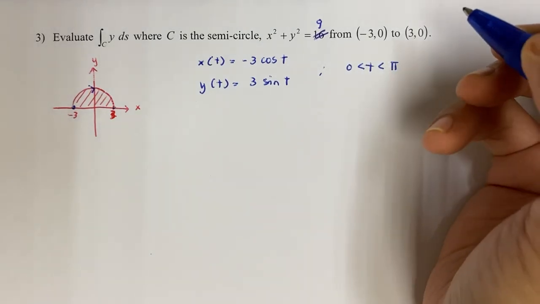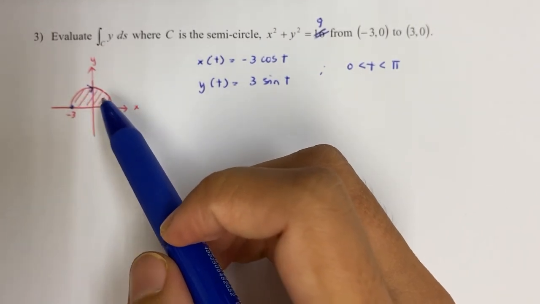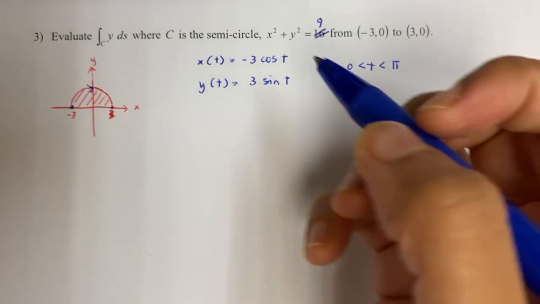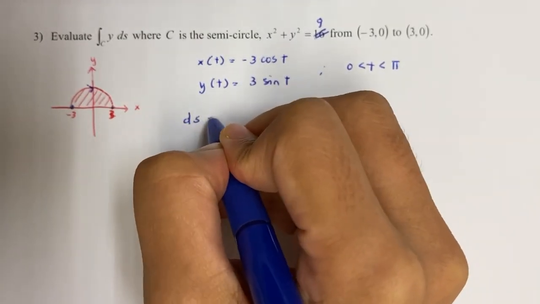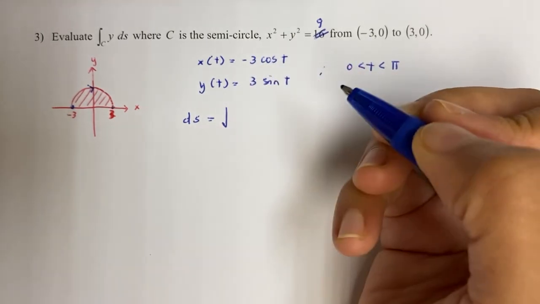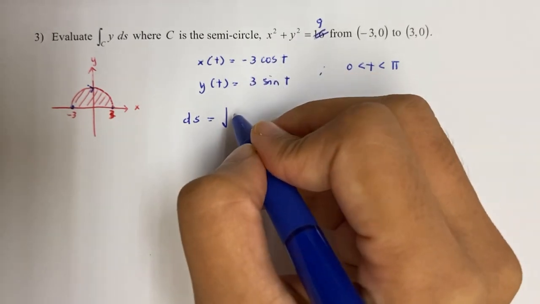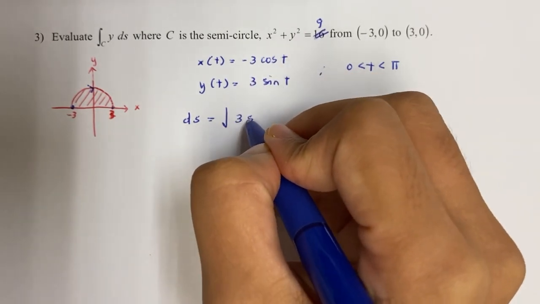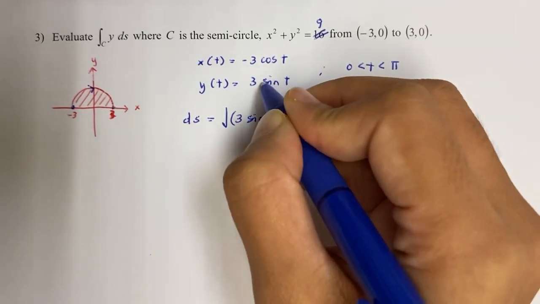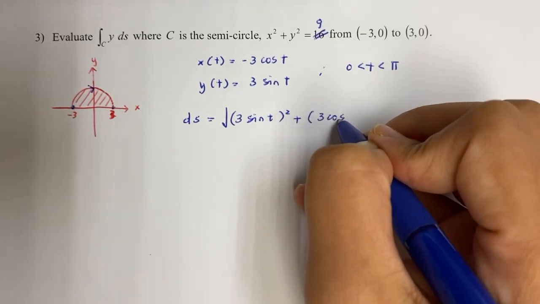Half circle, semicircle. If the circle is moving counterclockwise, both x and y are positive. So my ds is equal to the square root of the derivative of negative 3 cos t, which is 3 sin t, squared, plus the derivative of 3 sin t, which is 3 cos t, squared.